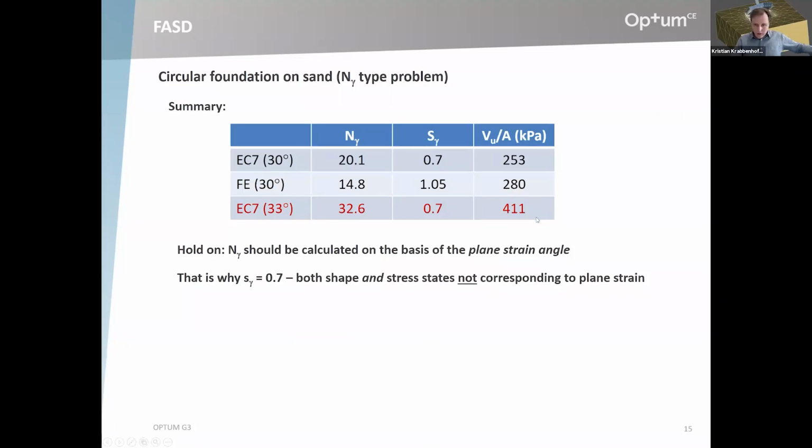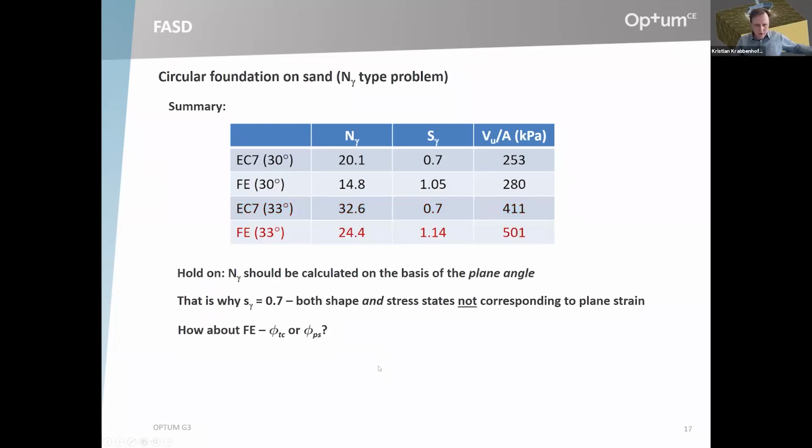And then the question is, what about FE then? We used 30 degrees. That's the result for 30 degrees up here, but should we use 33? Which of these two angles should we really be using? The triaxial angle is probably too conservative. We're not at triaxial stress states everywhere underneath the circular foundation. We are not really at plane strain either.